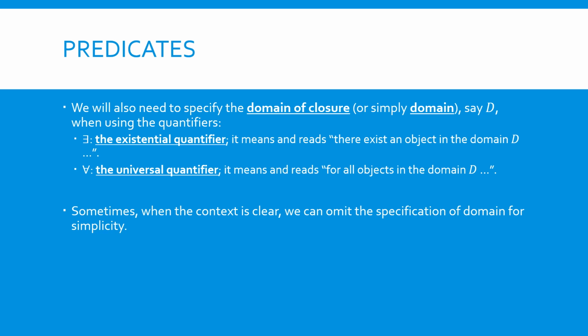With the domain, the existential quantifier now means that there exists an element from the domain of the parameter that makes the predicate true. Similarly, the universal quantifier now means that all elements from the domain of the parameter can make the predicate true. In some cases, when the domain is clear in the context, we can also omit its specification. For example, when discussing numbers, we can assume that the domain is the entire set of real numbers if no specification is given.